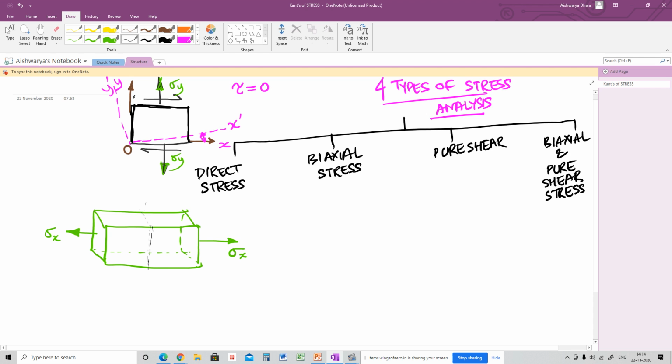It will form from this particular section a normal stress, which will be acting at some angle.